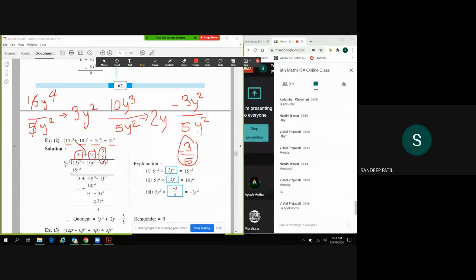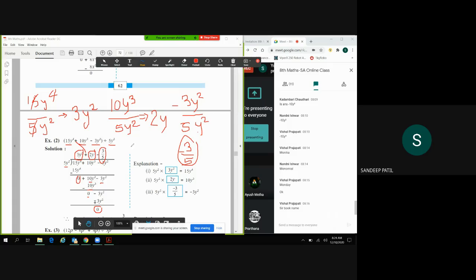And similarly, 5y square into 3y square gives 15y raised to 4. So we can carry out this subtraction, and the remainder becomes 0. Similarly, for the second term, 10y cube, again we get the same result, and it becomes 0 again. For minus 3y square, we multiply 5y square into minus 3 by 5, so we get minus 3y square, and the remainder is 0.